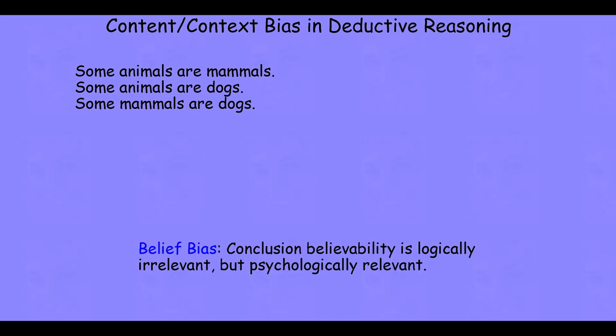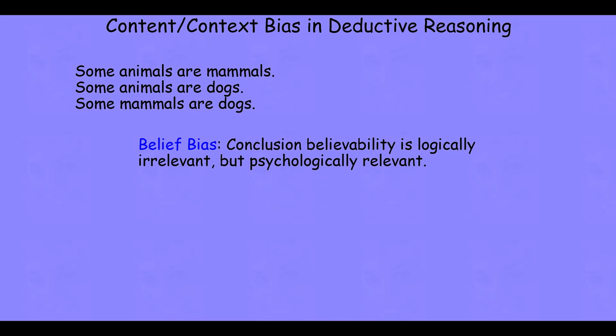This argument is in fact an example of what's called belief bias. Our conclusion is believable. Because our conclusion is believable, we are psychologically more likely, using our native deductive capacity, to think that the argument is a good argument, regardless of whether or not it actually is.